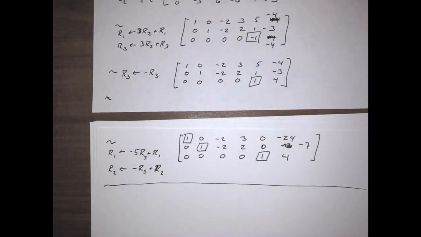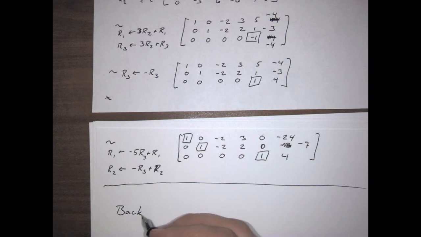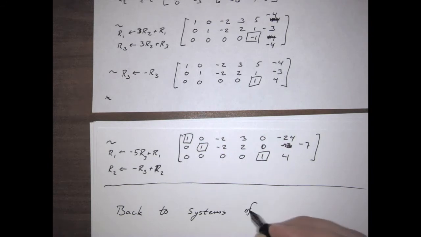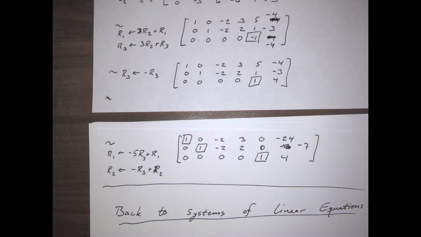Now, what is the connection of this to linear systems? So back to systems of linear equations. As an example, something just to chew on, let's take a linear system that looks something like this.